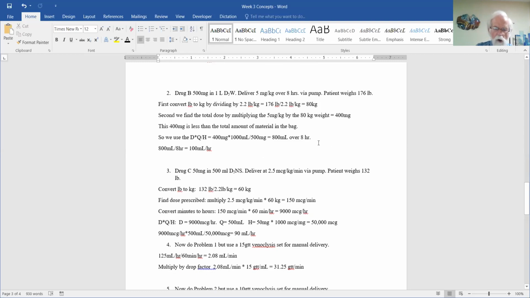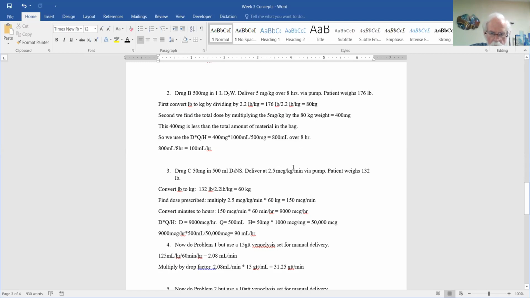Now, we can also have situations in which we're supposed to deliver a very small dose per kilo per minute. So again, we've got two things to think about here. If we're using a pump, we want to end up with a dose per hour.